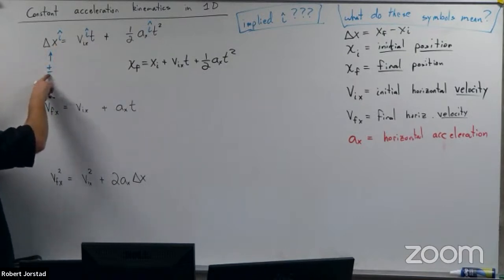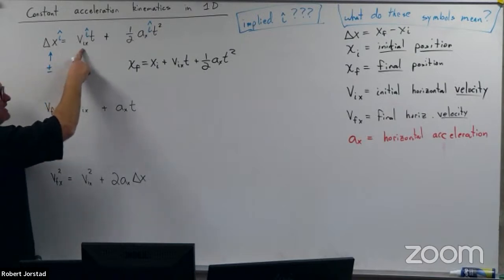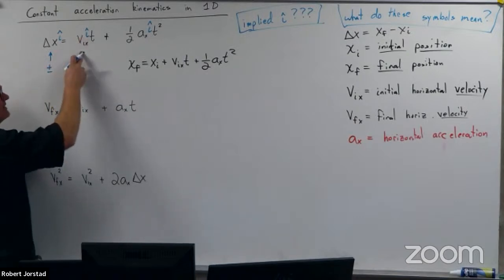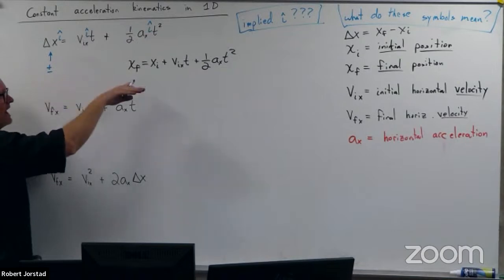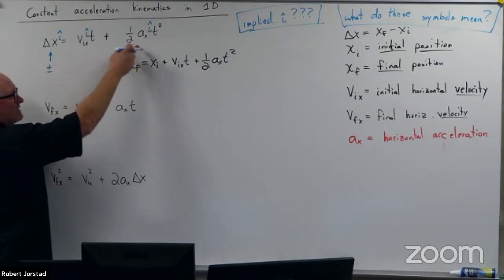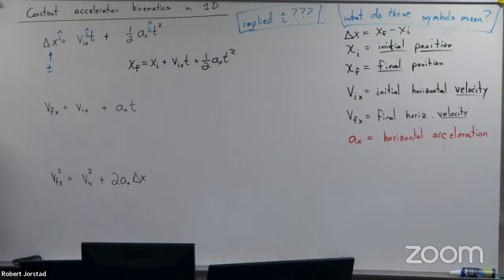A negative number would be to the left, right? So you could have a velocity and you indicate the direction with the plus minus sign. Because there's an implied i-hat, any positive number would be moving to the right, any negative number would be moving to the left. Similarly, accelerating to the right, a sub x should be a positive number. Accelerating to the left, we should get a negative number. Okay, all right.